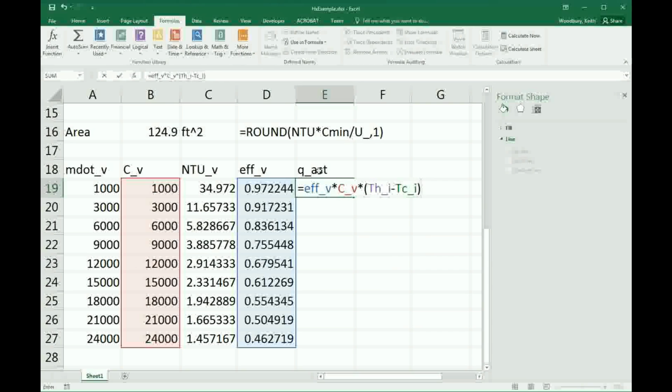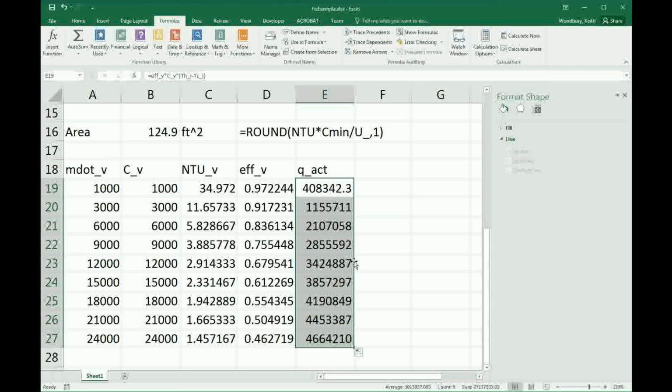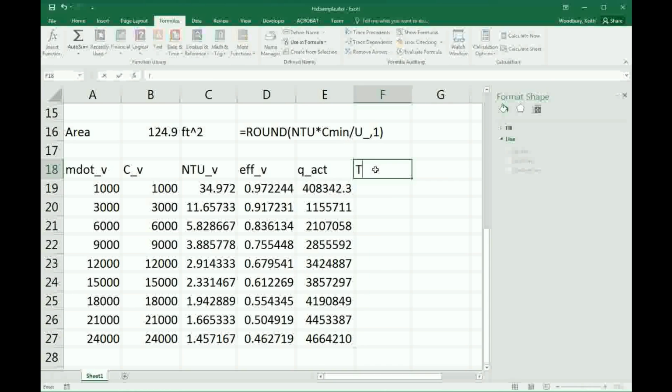So the effectiveness times Q max will give us the actual heat transfer. So for each case we have this, and now he didn't ask us to find the heat transfer. He wants us to make a plot of the T hot and the T cold. So how do we get those?